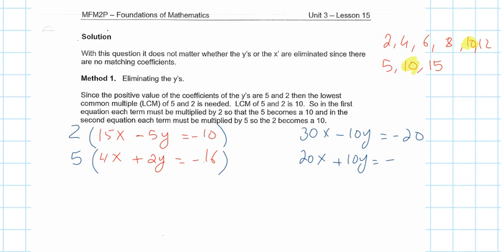So that's 80, because 5 times 6 is 30, 5 times 10 is 50, and 50 plus 30 is 80.